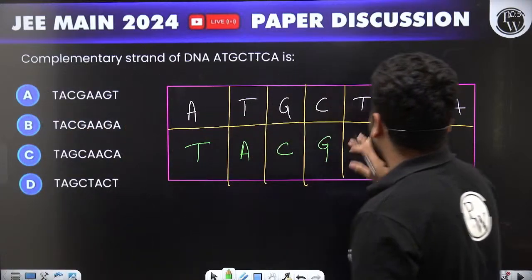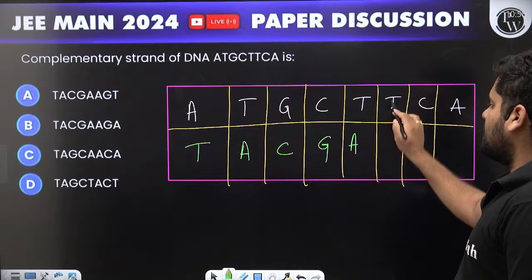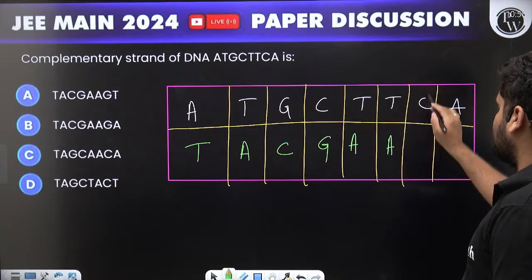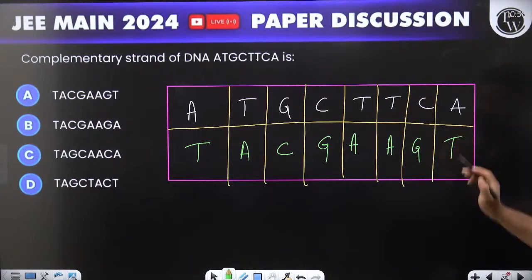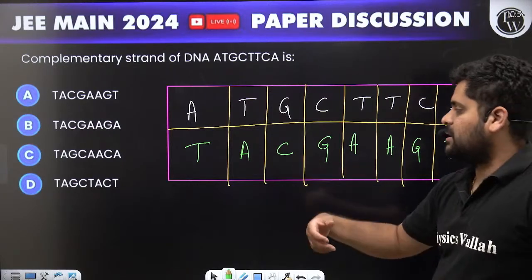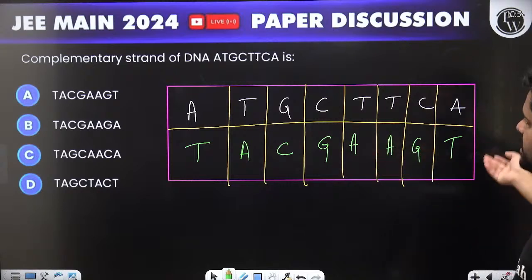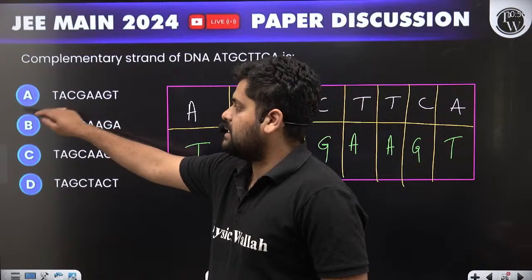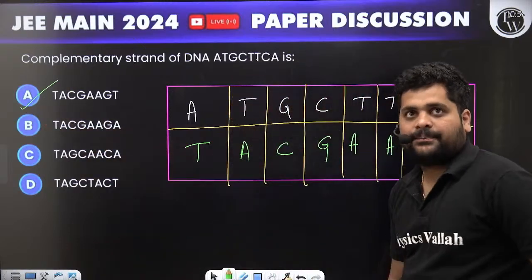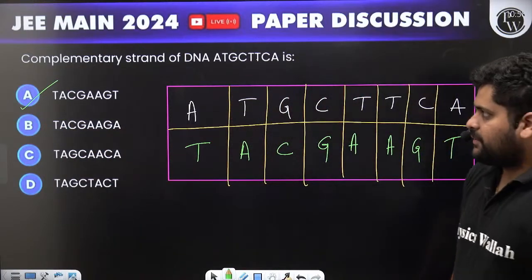Next one. Thymine complements with adenine, guanine, cytosine complements with guanine, adenine complements with thymine. Right. So your sequence should be TAC, GAA, GT. The correct answer is option A. Right. This is what we have to do in this question.